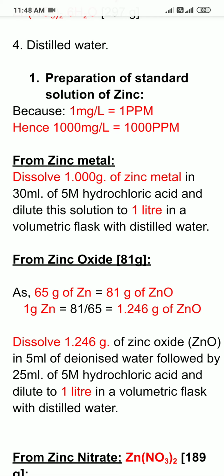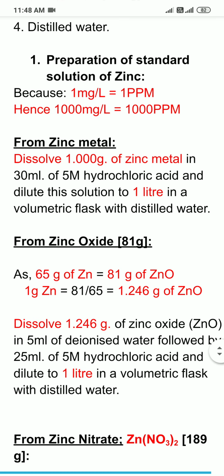Please note that I am talking about the concentration of zinc, not that of the zinc salt like zinc nitrate. I can prepare that by using all four that I mentioned earlier.